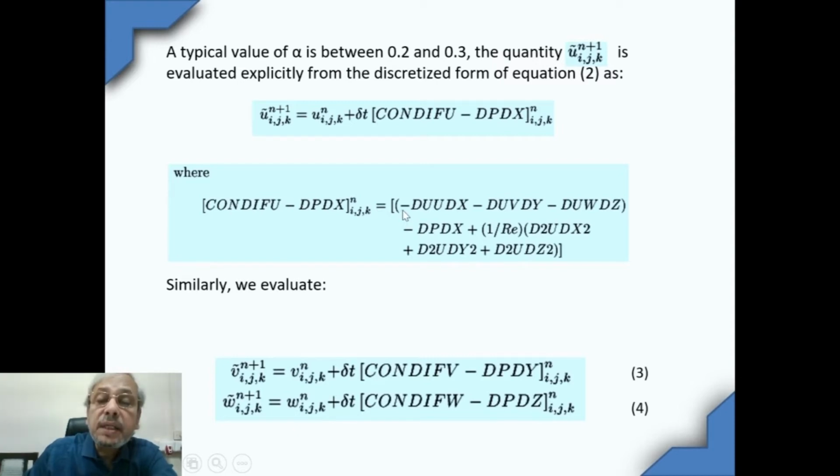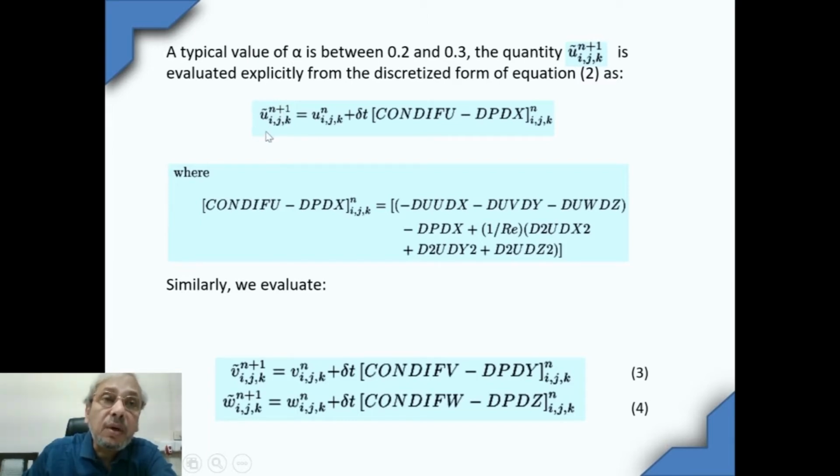These are minus d/dx of u square, minus d/dy of uv, minus d/dz of uw, minus dp/dx, plus 1 by Re into (del 2 u/del x2 plus del 2 u/del y2 plus del 2 u/del z2), and these terms, after having been multiplied with delta t, are added with u_ijk at n to yield u_ijk at a level n plus 1.